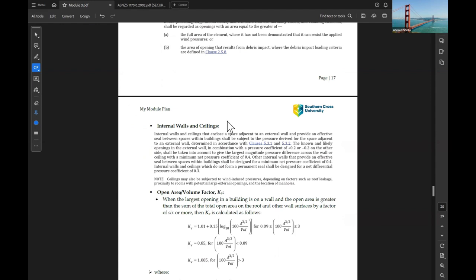Okay, so now the next parameter after CBI is the open area to volume factor, KV. KV again is a factor for internal pressure.